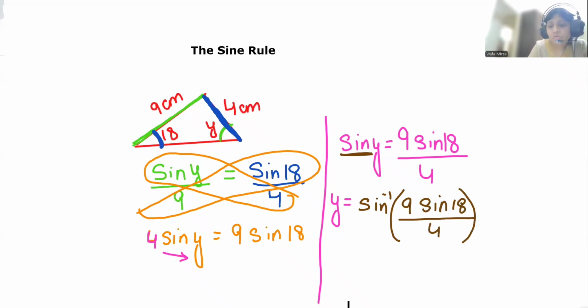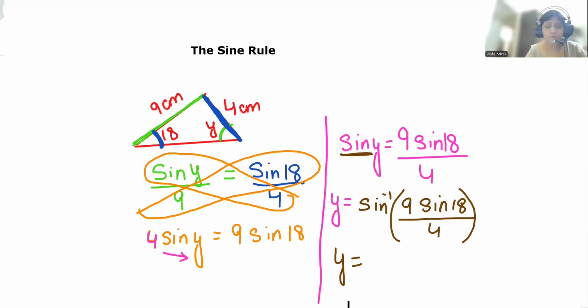So you can use your scientific calculator to find angle y. So we have sine inverse of 9 multiplied by sine 18 and then divide by 4.